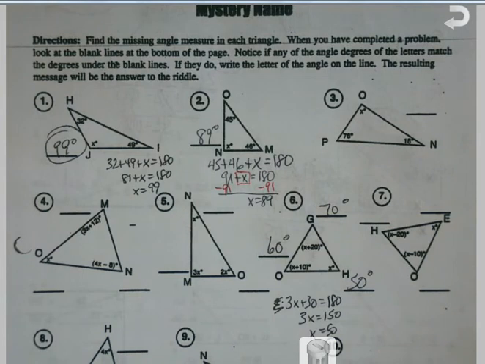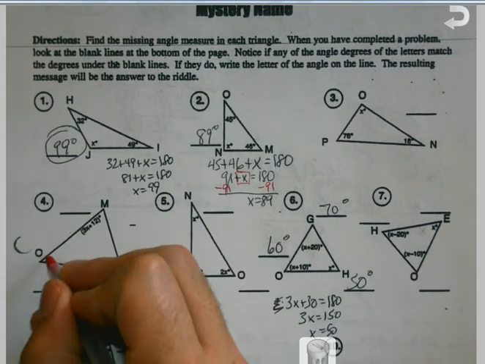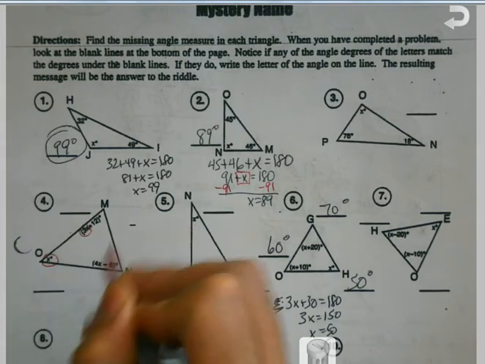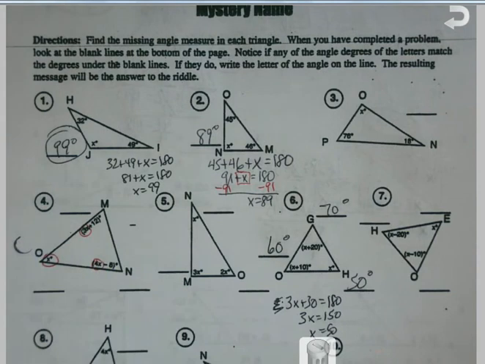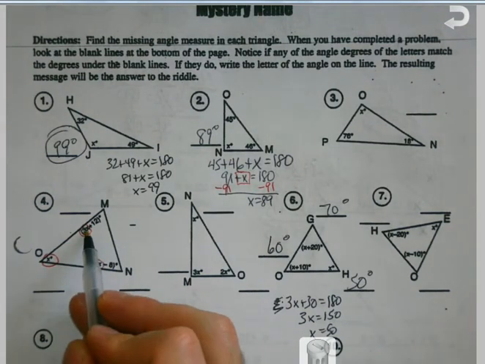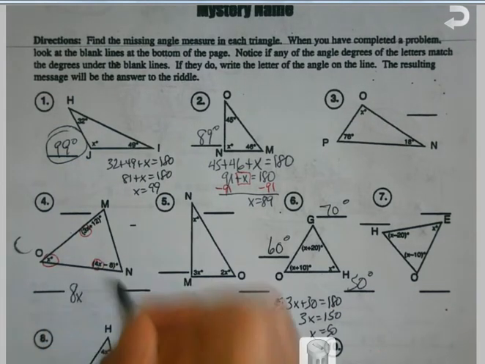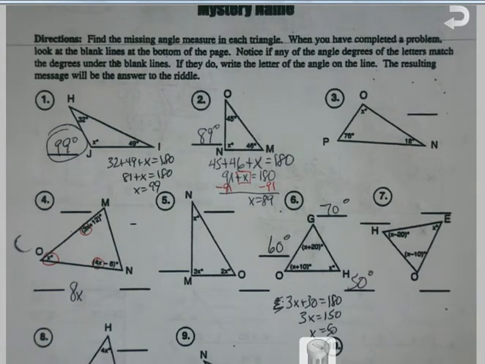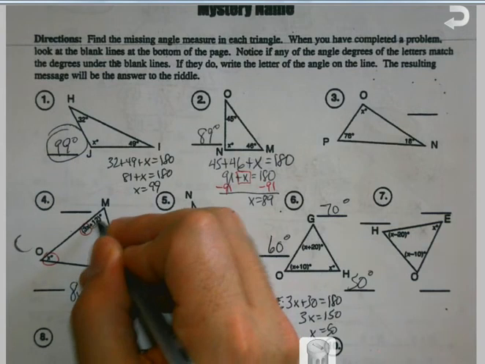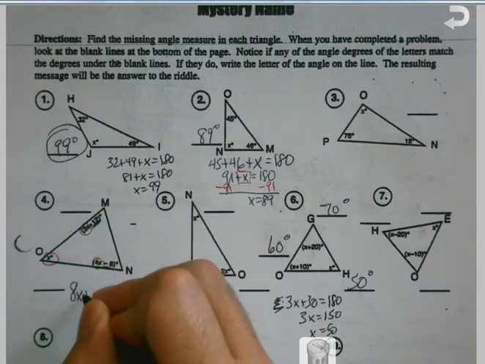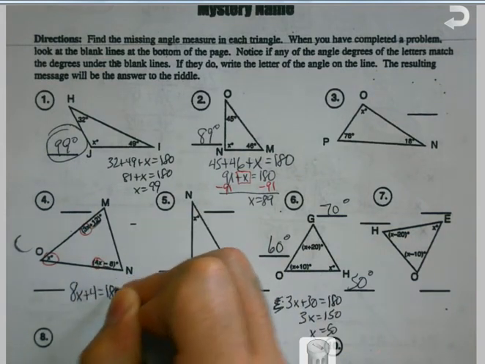If I want to save myself a little room, I can combine my like terms while they're up in the triangle still. So I've got 4x's and 3x's is 7, and one more is 8x, plus 4. And then, because I got a positive 12 and a negative 8 would be plus 4, equals 180.